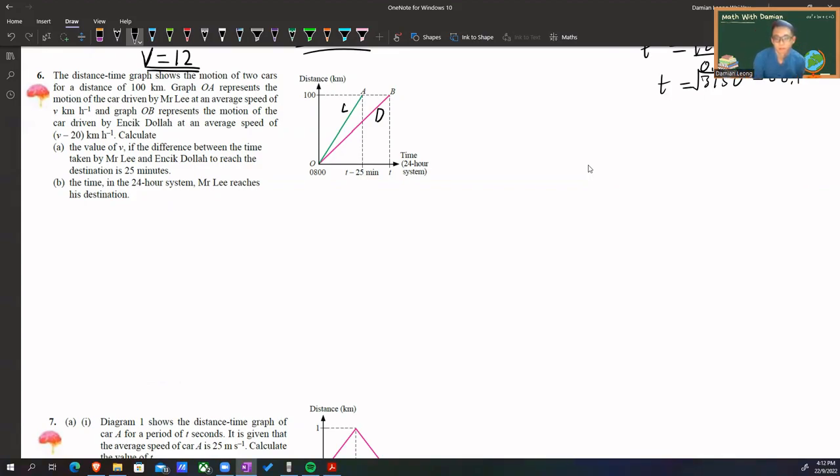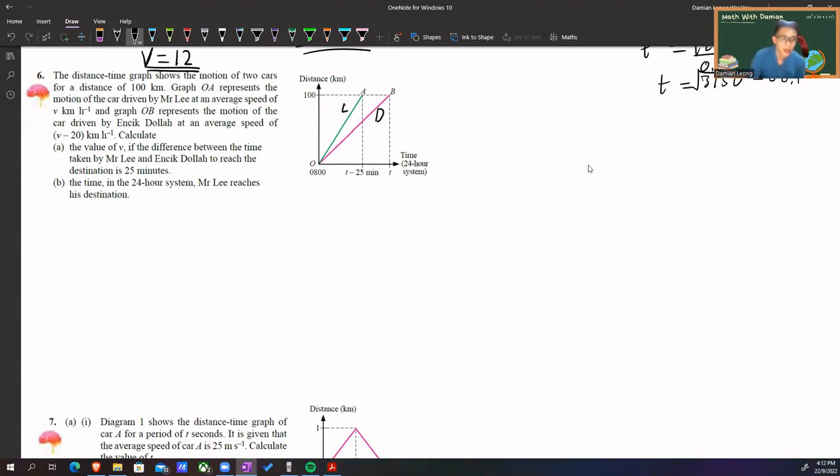So we have to compare the average speed. So one is V minus 20.